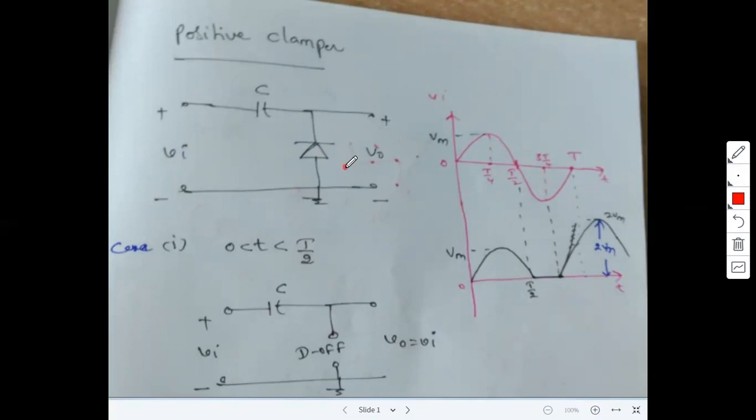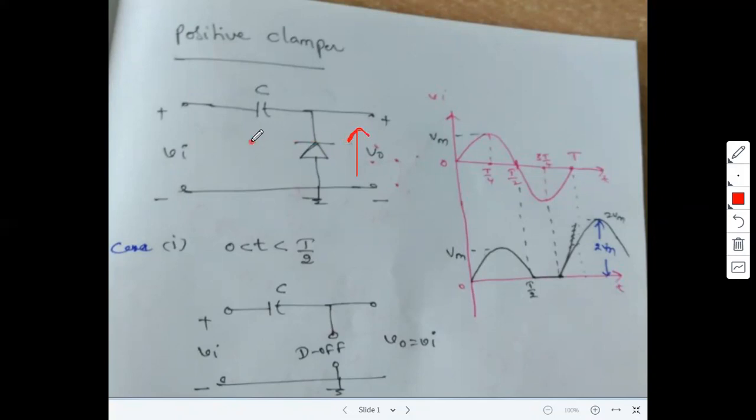In positive clamper, the diode symbol is in the upward direction. Here the arrow symbol is upward. This upward direction itself indicates that the output signal is transmitted above the zero axis.